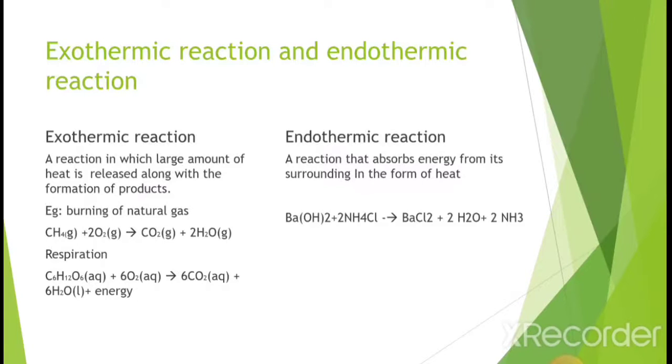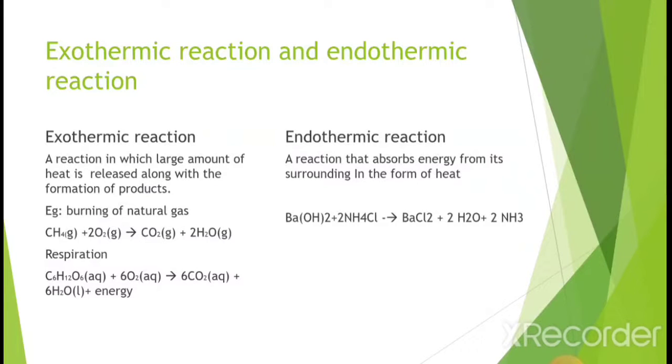And here is one example. If you learn this example, it is very good. And if you are not able to balance this reaction, you can find any other equation for an endothermic reaction. I think this endothermic reaction equation is not asked that much, but I don't know what will happen this year, so it is better you learn any easiest equation.